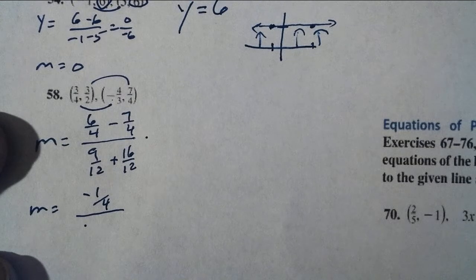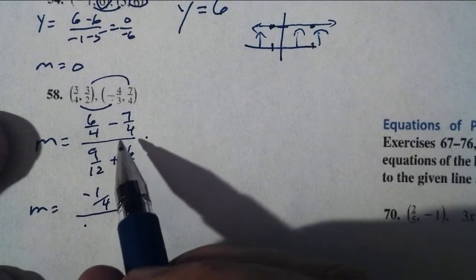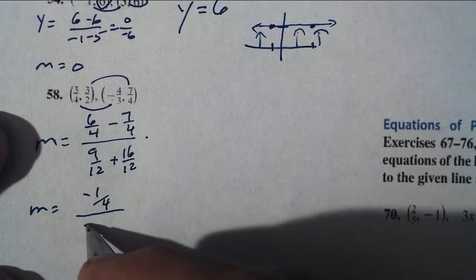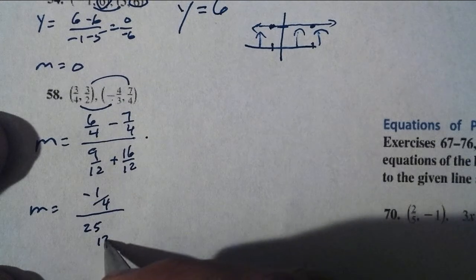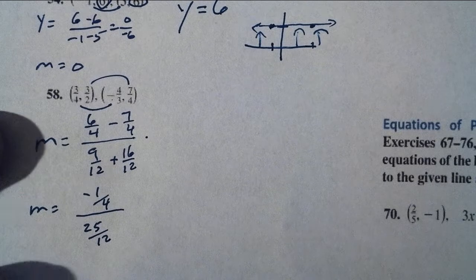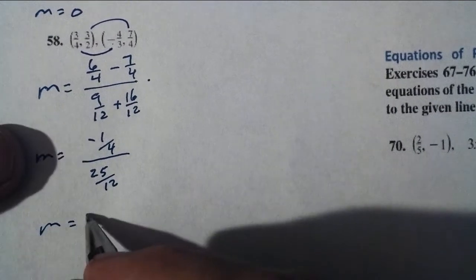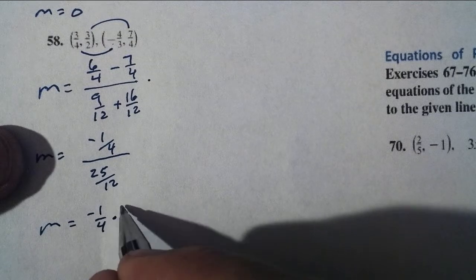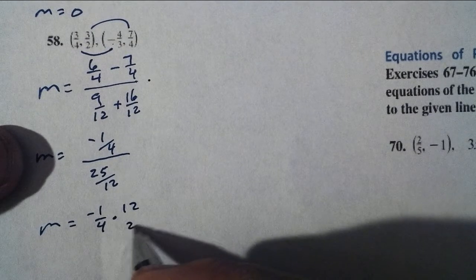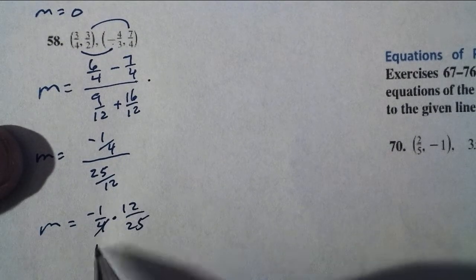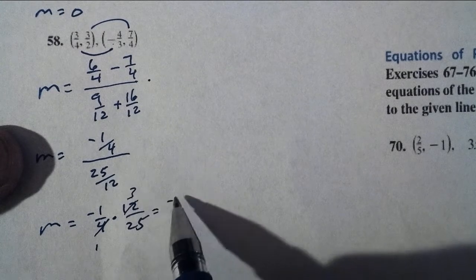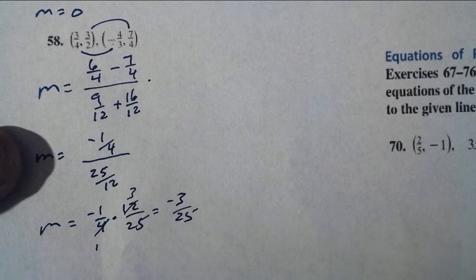let's get my computer screen back here real quickly, hopefully. All right, negative 1/4 over 25/12. And that could be slope equals negative 1/4 times 12 on 25, which reduces to 1 and 3, or negative 3 on 25.